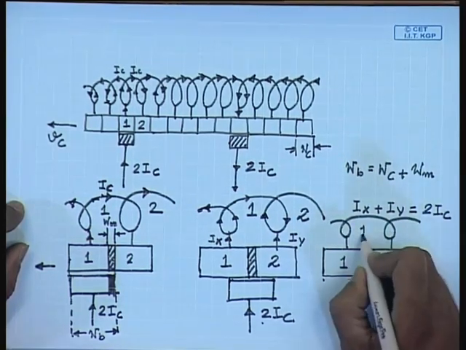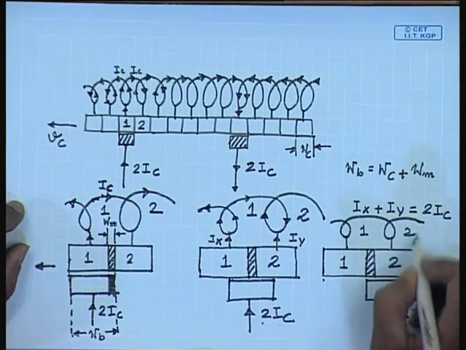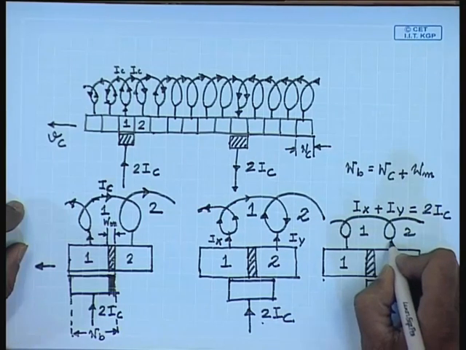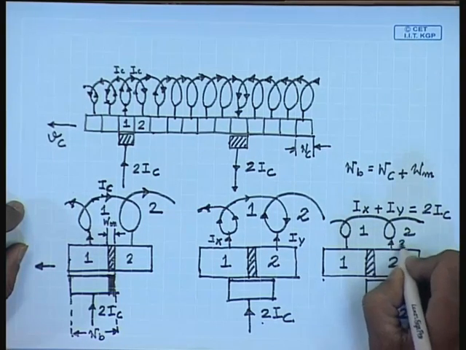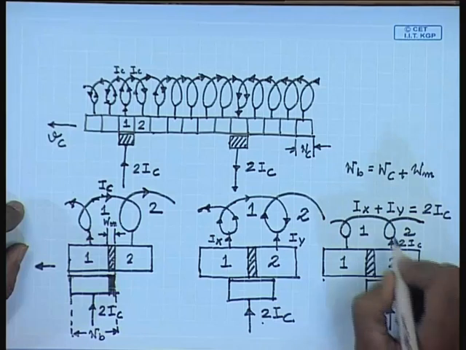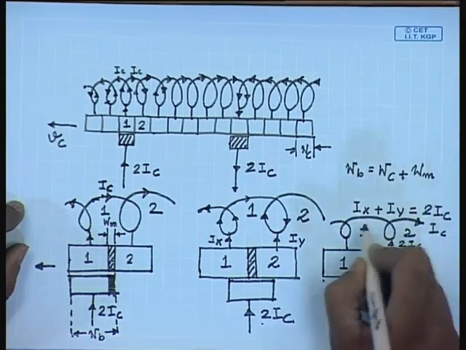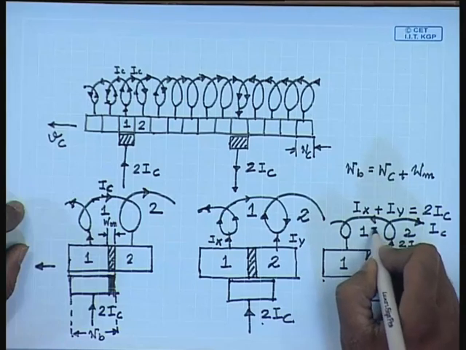This was coil 1, this is coil 2. So, once it has left, this current will now be 2 IC, this current will be IC, and this current will be IC.